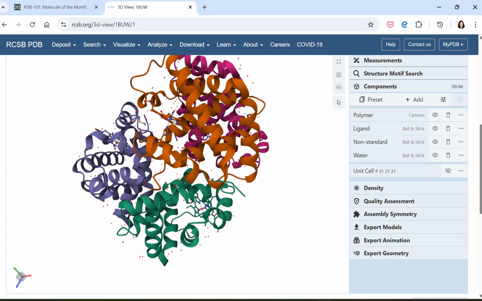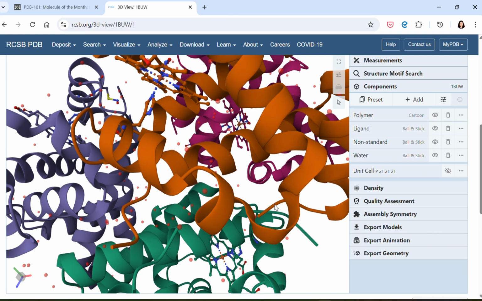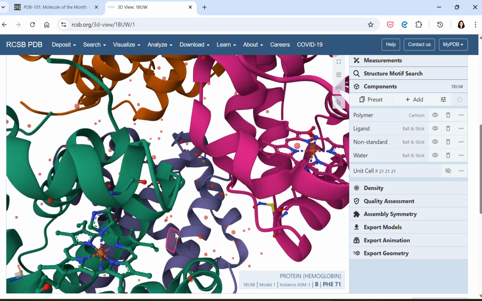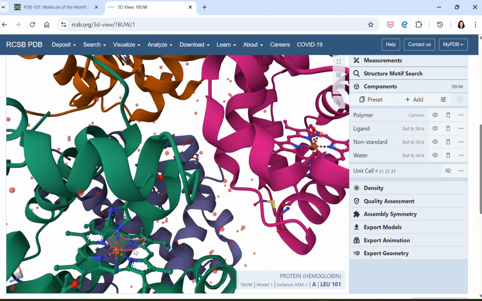And here again alanine, serine 131. So we can get a close-up visualization here. And here we have the heme group. Yeah, protoporphyrin 9 containing iron in the middle.